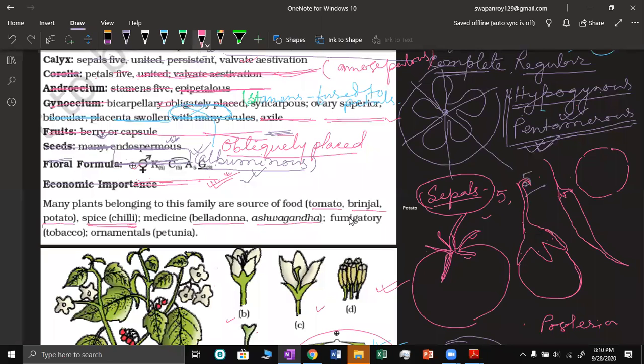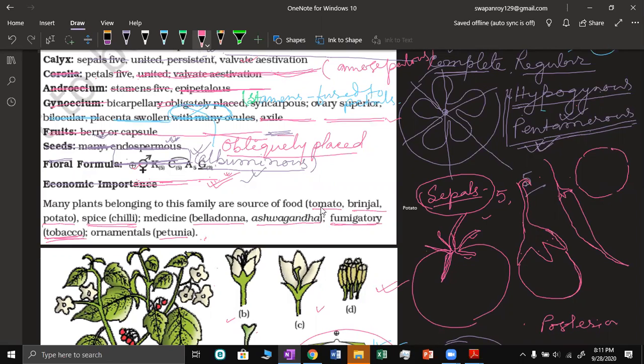And then there is a very common plant which is used as fumigatory, that is tobacco, which is used very commonly. This one belongs to this family. And there is an ornamental plant, petunia, which is very common. There are some other plants also.